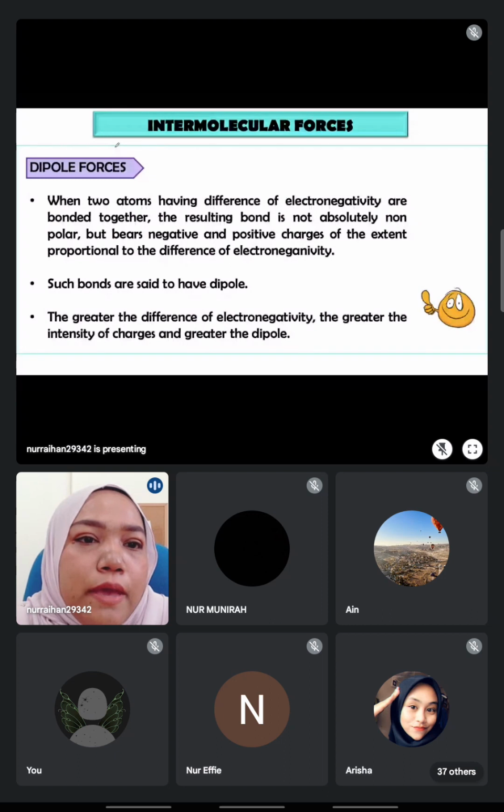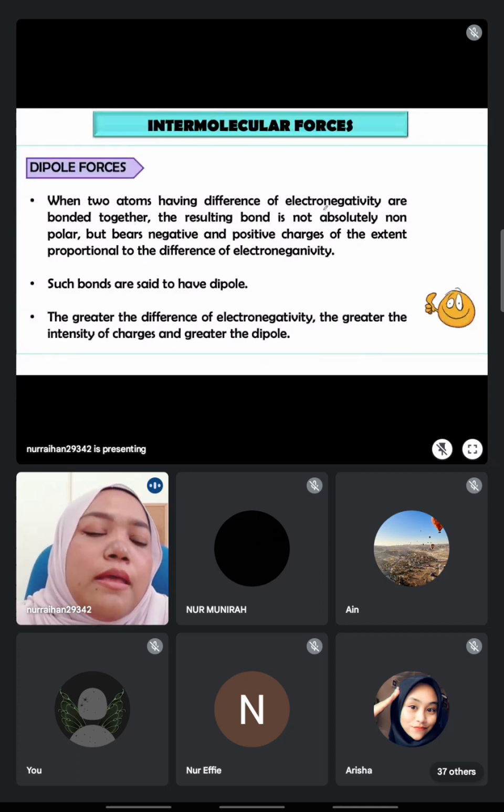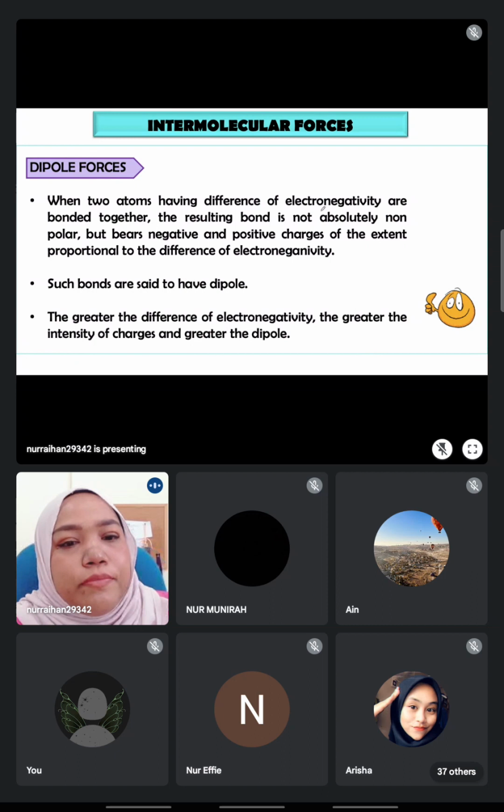So the first one we have is the dipole forces. The dipole forces occur when two atoms having a difference of electronegativity are bonding together. The resulting bond is not absolutely non-polar, but bears negative and positive charge to an extent proportional to the difference of electronegativity.